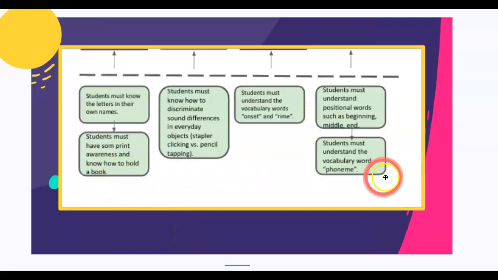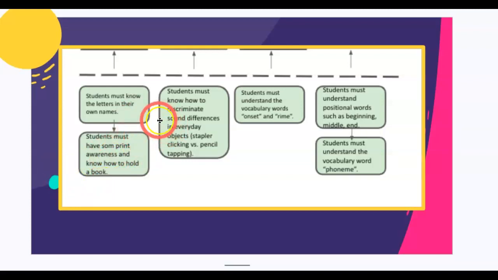And at the bottom of my map, you will see that they had some kind of prerequisite knowledge to be able to do all of these skills prior to coming into the lessons. They needed to know the letters in their name. They had to have some print awareness knowledge.